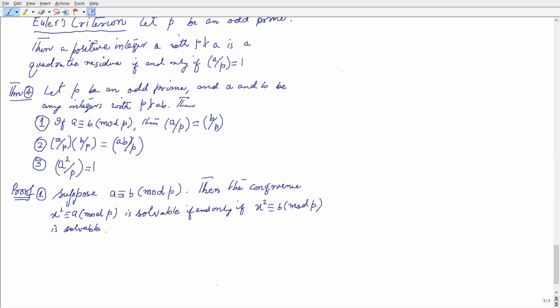Because we have assumed that A and B are congruent modulo P, the congruence is solvable if and only if the other congruence is solvable. So if both of the congruences are solvable, or both are not solvable, then in both cases the Legendre symbol of A is equal to the Legendre symbol of B. Okay, so that's the first part of the result.